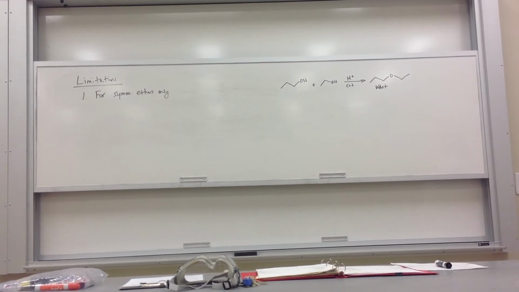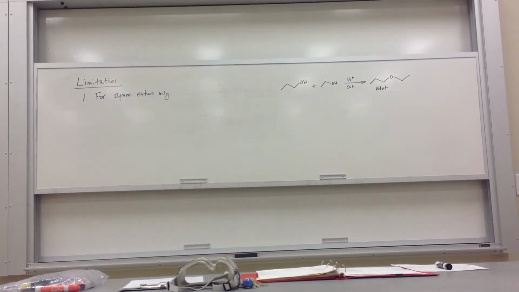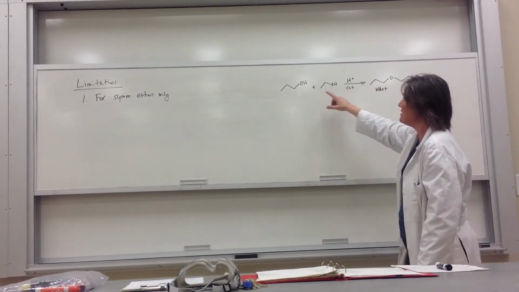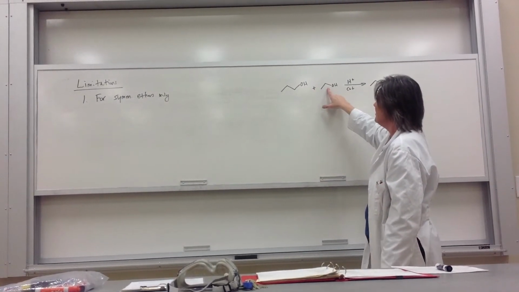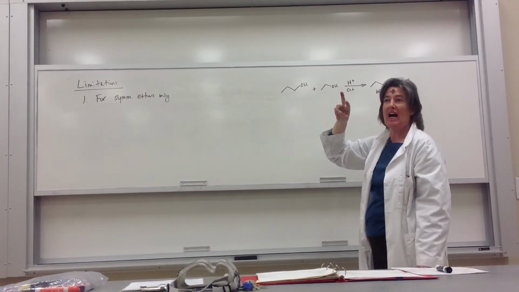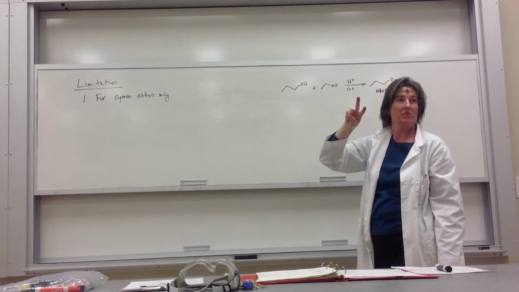The chemicals don't care what you want. And what you have set up is you'll get some of this, right? Because I could protonate here and the ethanol could attack, or I could protonate the ethanol and this guy could attack. So I have two shots, two possible combos of getting what I want.